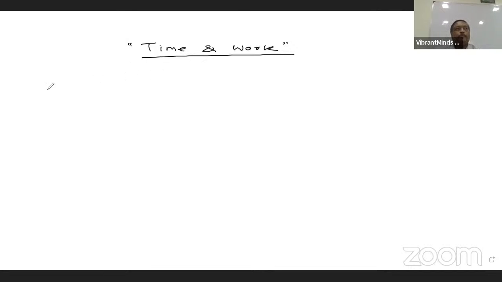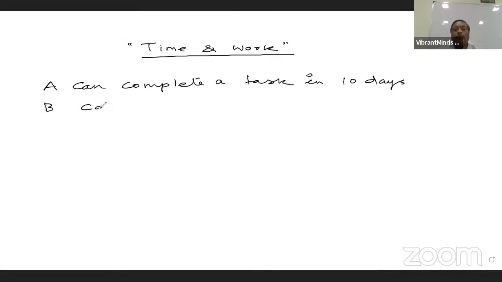In time and work, questions are something like this. A can complete a task in, let's say, 10 days. B can complete the same task in 15 days.